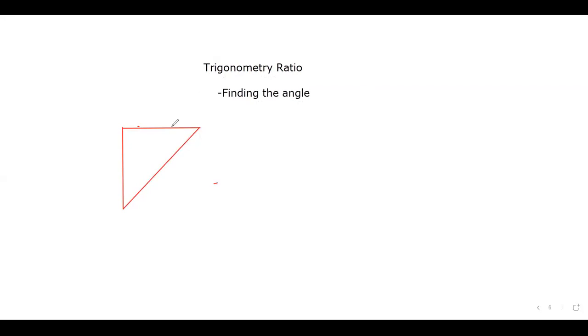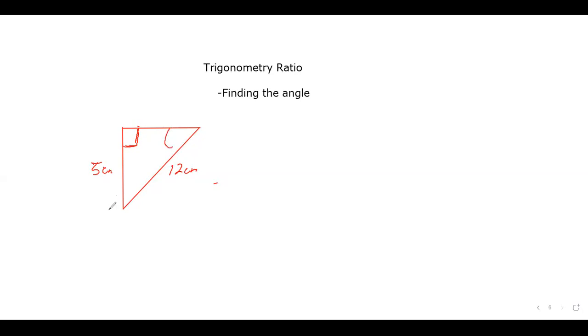Okay, so here would have been the right angle. Let's say that they give me a 5 centimeter and a 12 centimeter, right? And they say that I should find the angle.